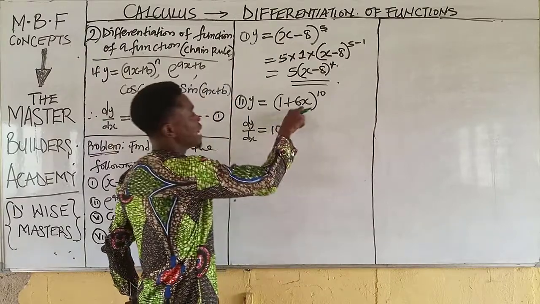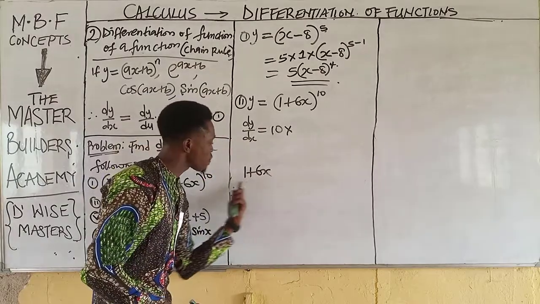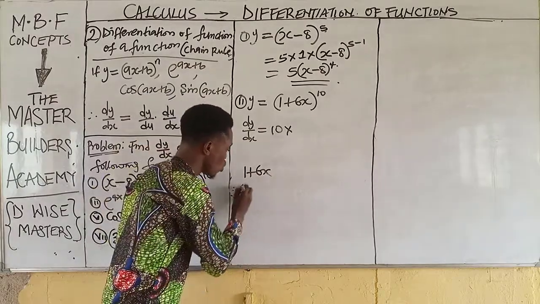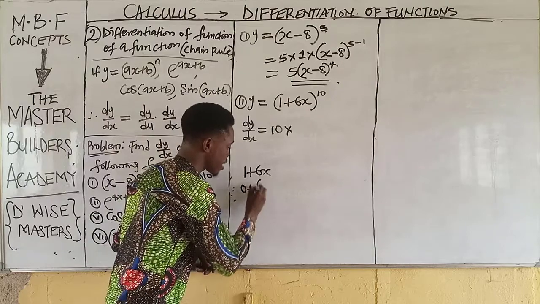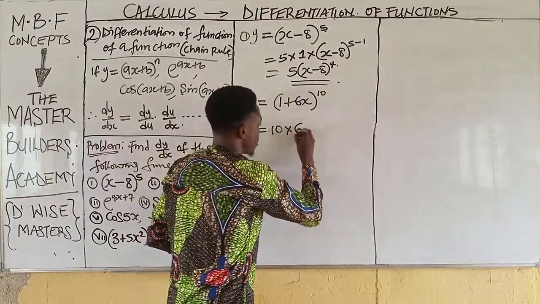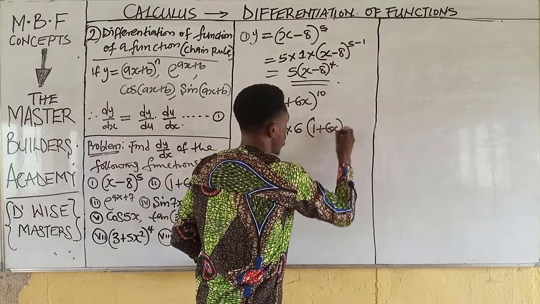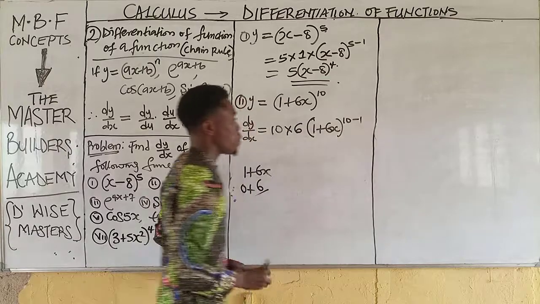The function of x here is 1 plus 6x. When you differentiate 1, you have 0, but when you differentiate 6x, you have 6. And 0 plus 6 is 6, then multiply by 6, then all multiply by what? (1 plus 6x), all raised to the power of 10, and reduce 10 by 1.